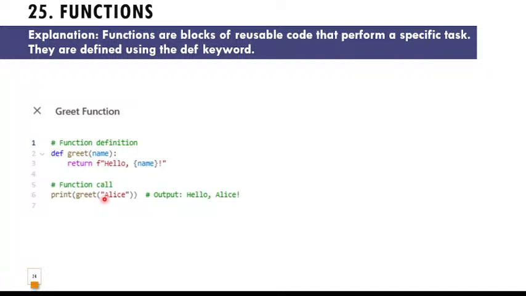Define the function, which is the definition, greet name, and this greet is the function we have defined, and then return f hello name could be anything. So now we are calling this function with the name, and instead of name we are writing Alice, so it becomes Hello Alice.